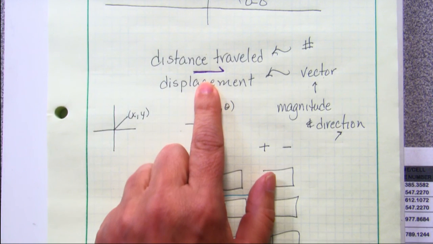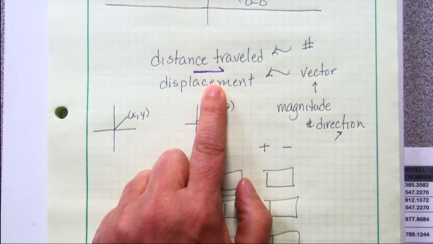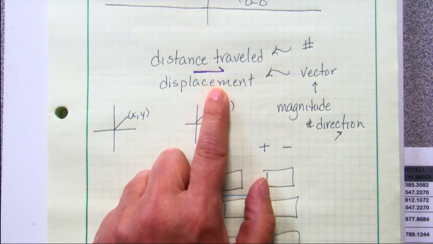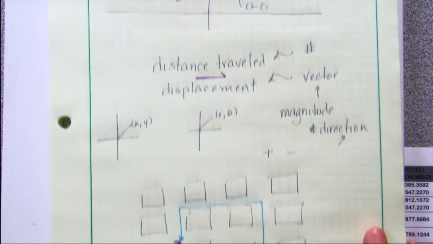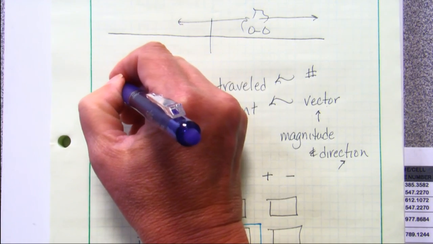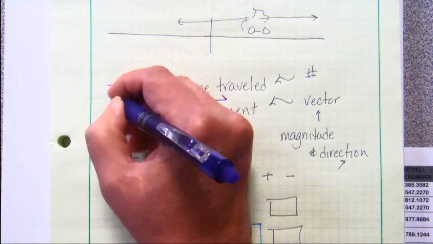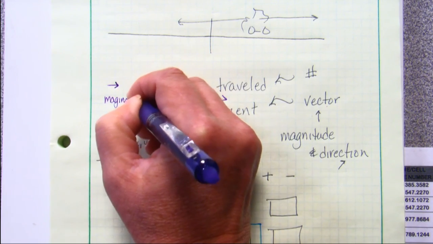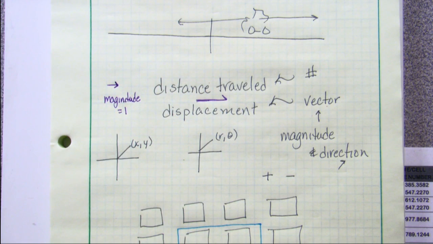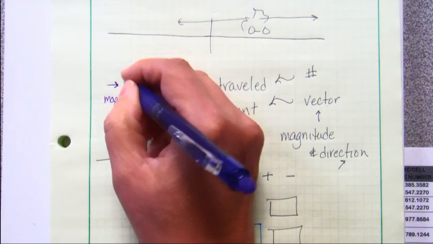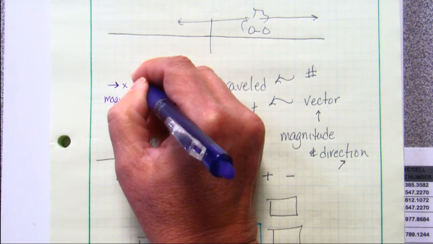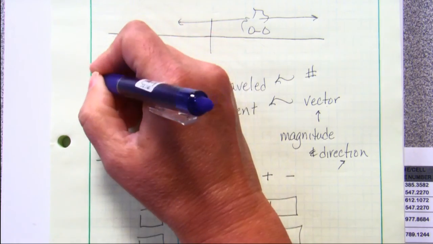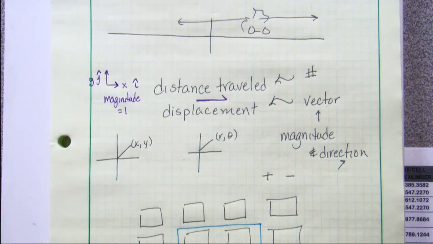And we usually represent a vector with a notation that looks like this. And if I have a unit vector, the unit vector means the magnitude is equal to 1. If it's in the x direction, we're going to use an i hat with a caret. If it's in the y direction, we use a j hat with a caret.